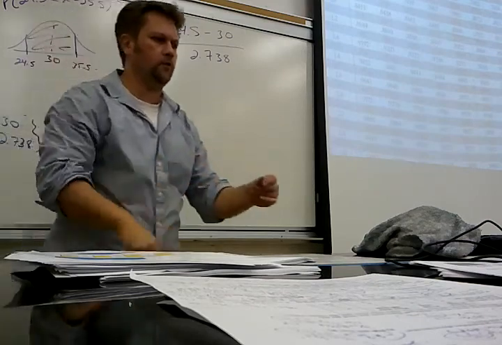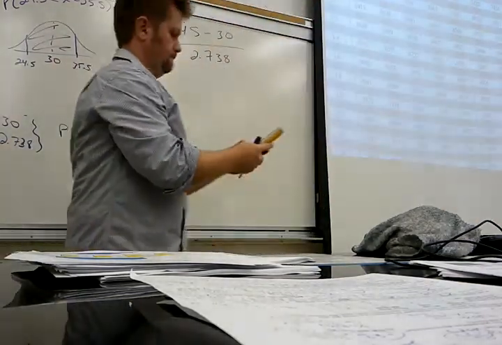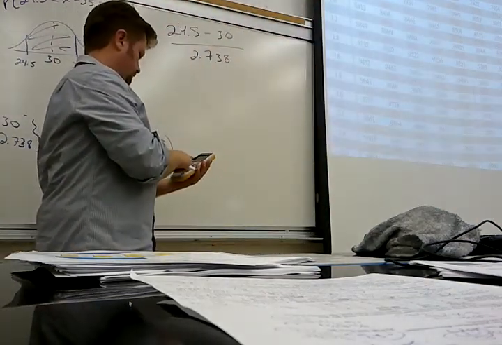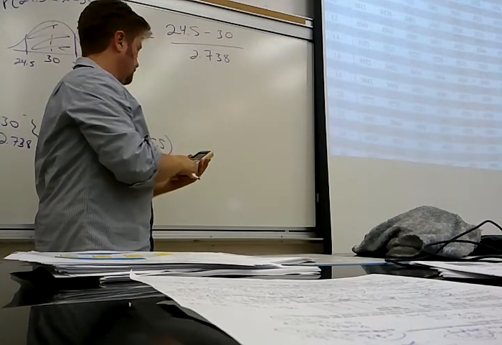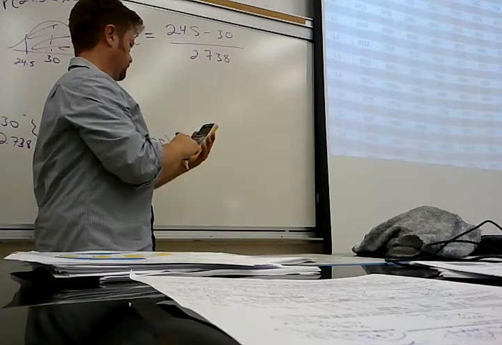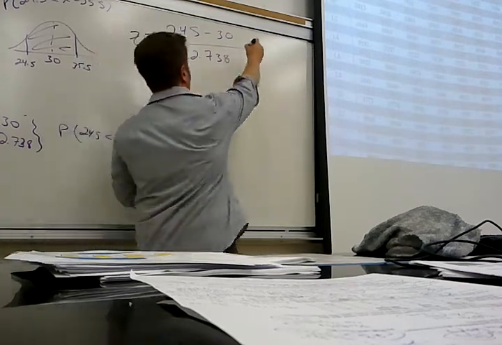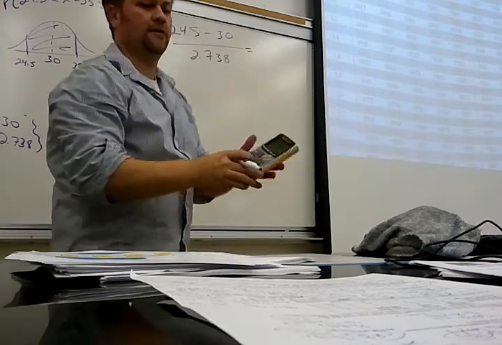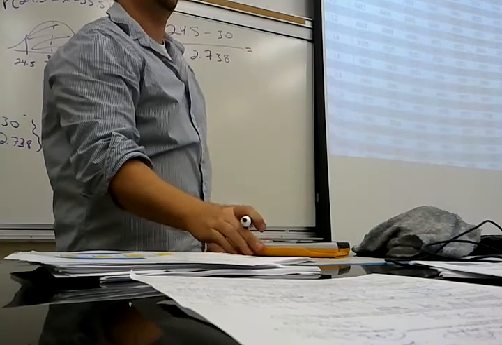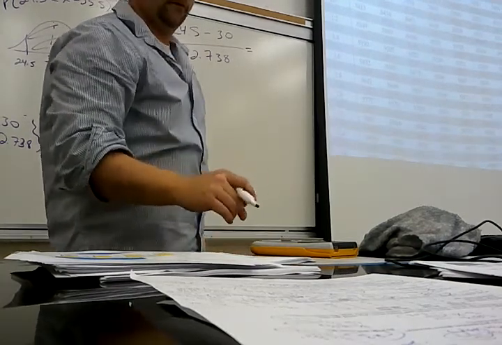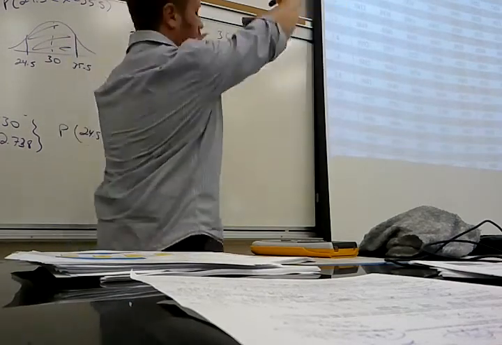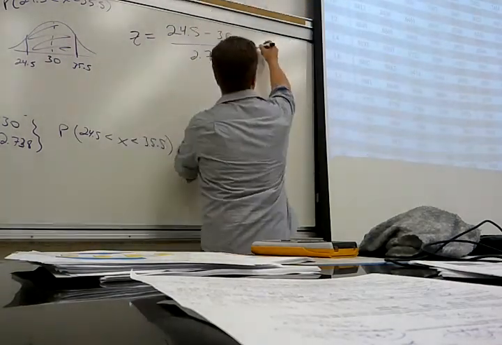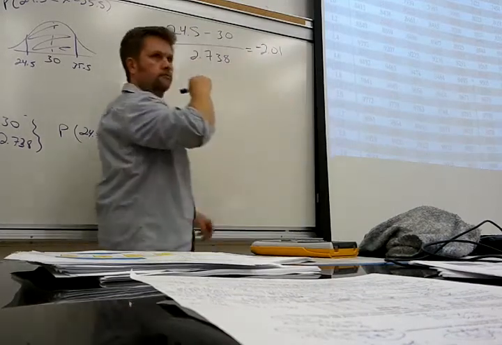So somebody help me out. What would that be there? I got negative 2.008. I think you just put in, yeah, negative 2.01.